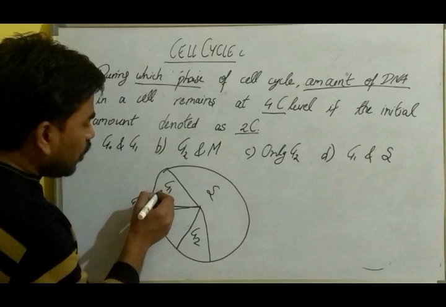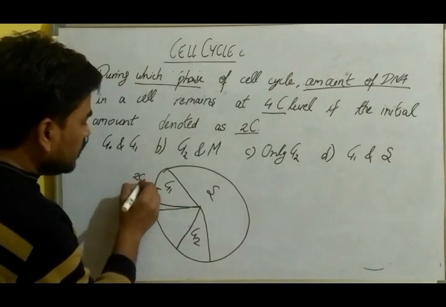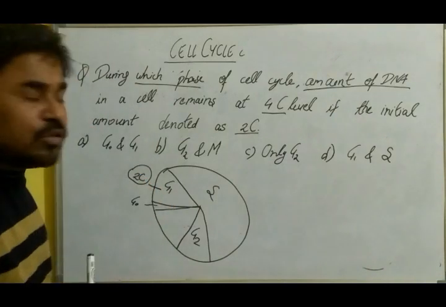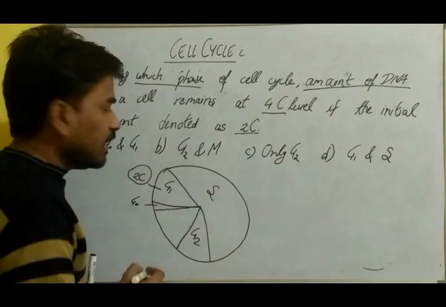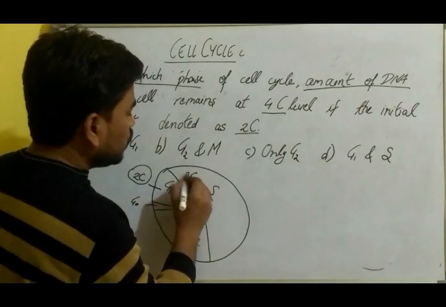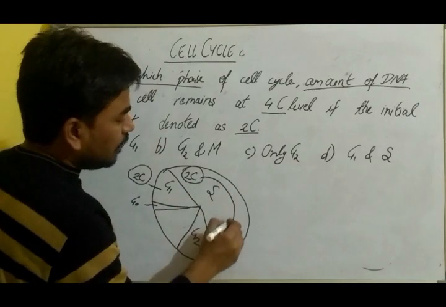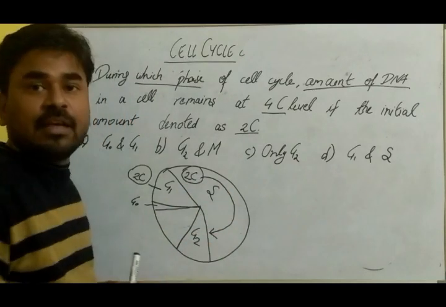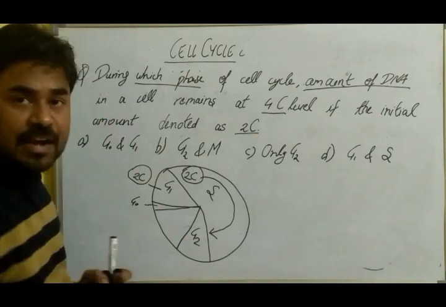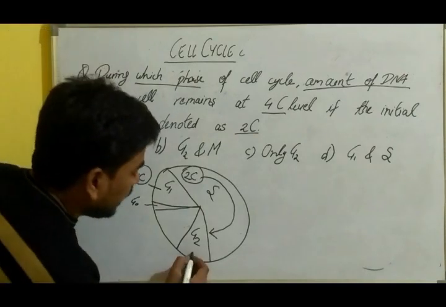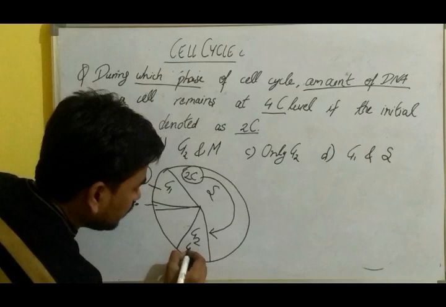So initially the amount of DNA is 2C in G1. Now the cell cycle will enter S phase and the amount of DNA is 2C. Now this amount of DNA will get doubled till the end of S phase, and when it enters G2 phase, the amount of DNA will become doubled, that is 4C.